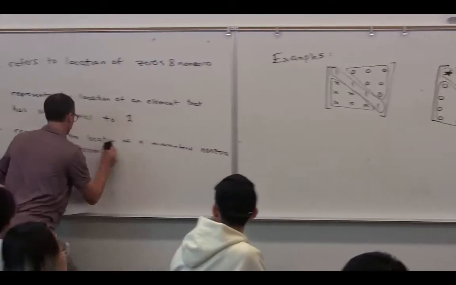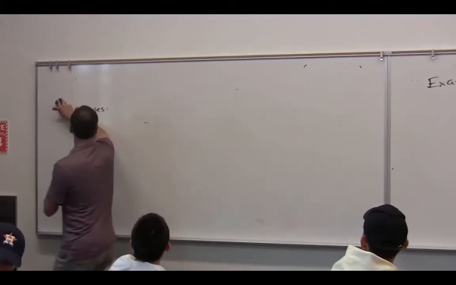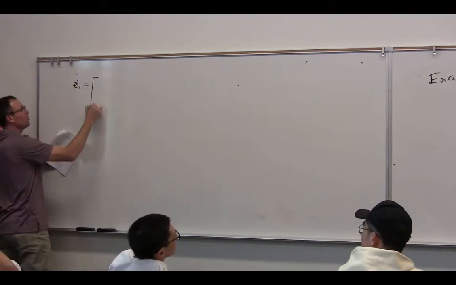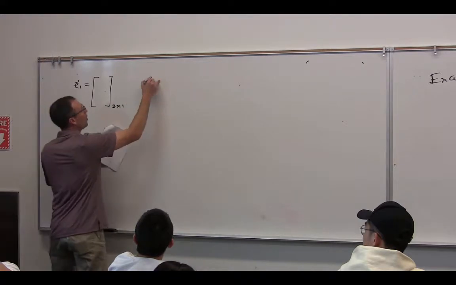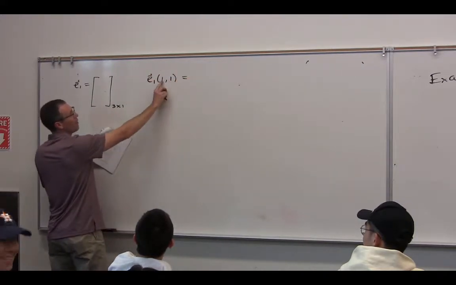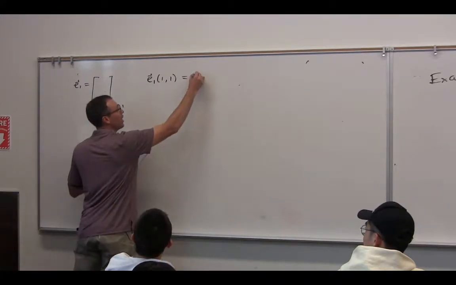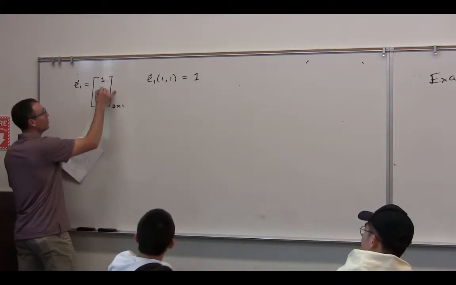E1 is a 3 by 1. What about the first entry of E1? Is j equal to k? If j is equal to k, what's the entry there? 1. What's everything else? 0.